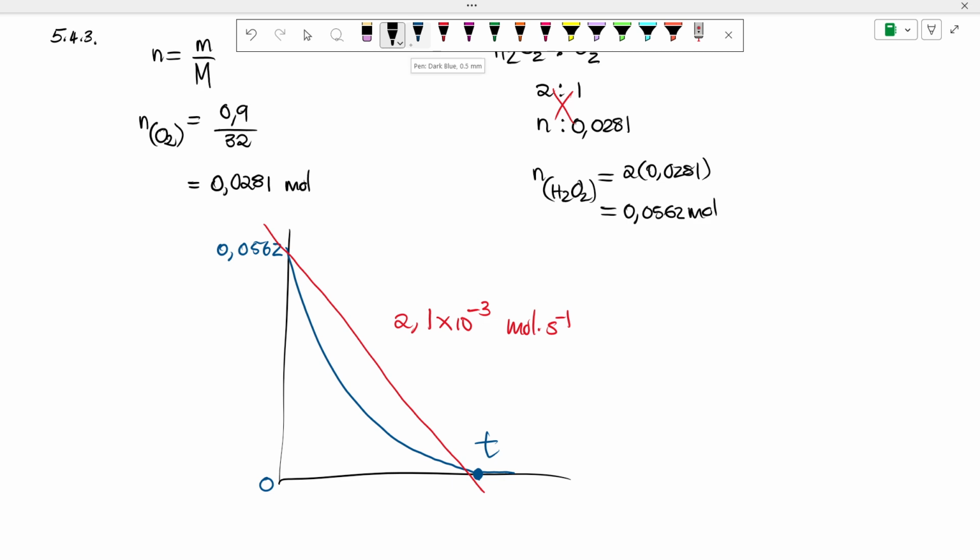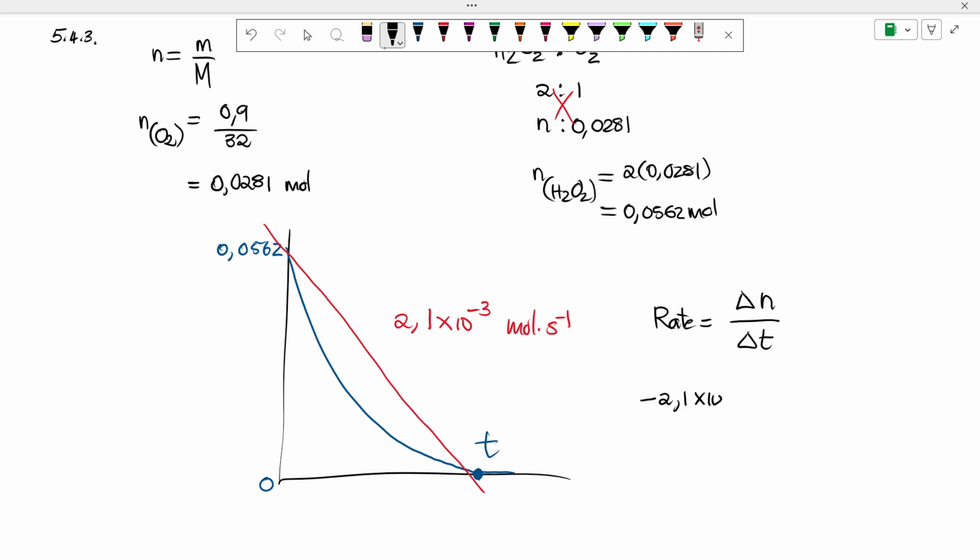I can say the gradient, or let me just say rate, is equal to change in the moles of hydrogen peroxide over change in time. Then you can see it's decomposition, so we need a negative there for the rate because it's been finished.